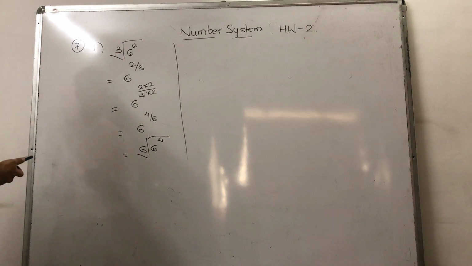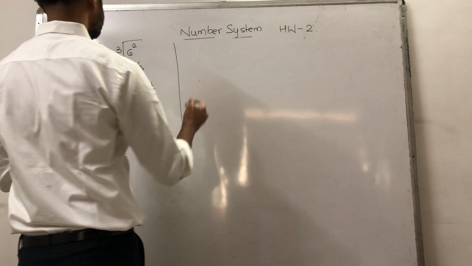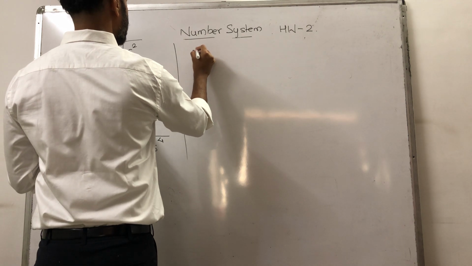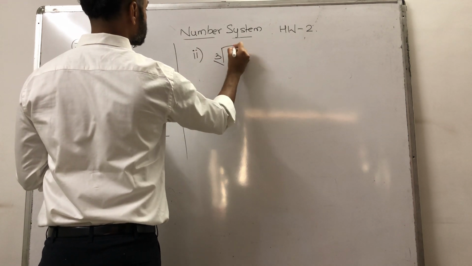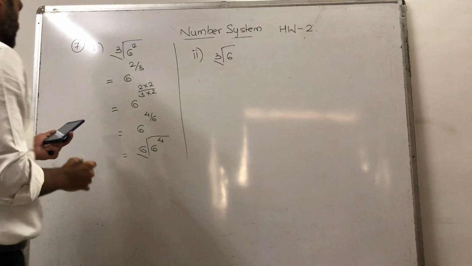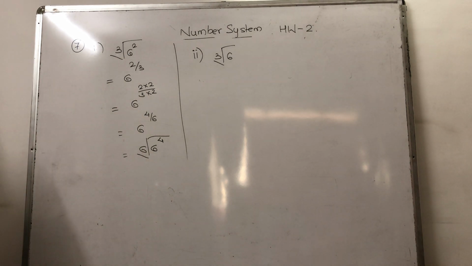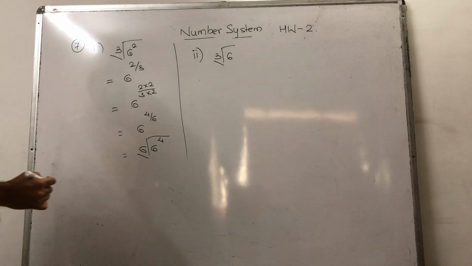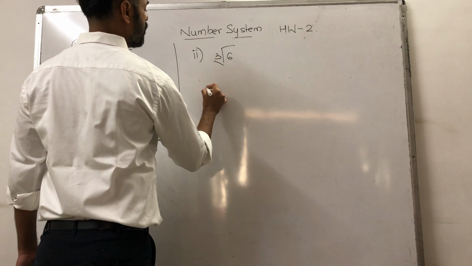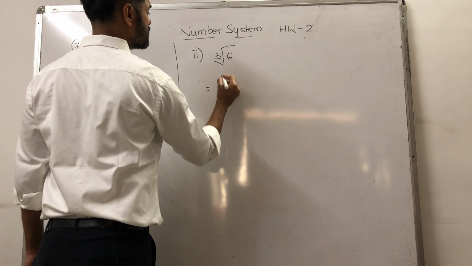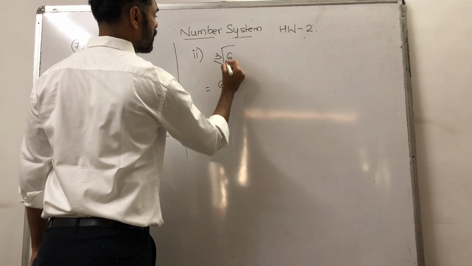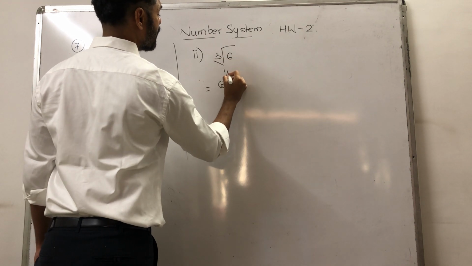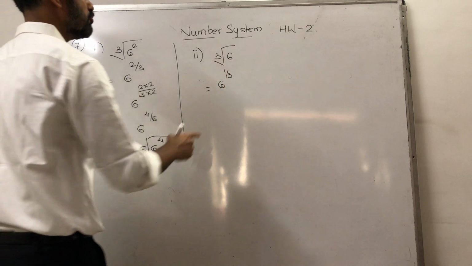Now let's take the second part of question 7. In the second part of question 7, they have given cube root of 6 and we want to make its order 15. The order is 3 right now, we want to make it 15. First, you will replace this root sign by exponent. Because it is cube root, you can write it as 1 by 3, but you want 15.